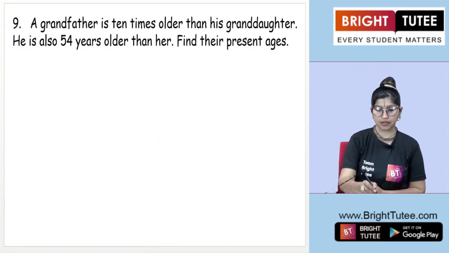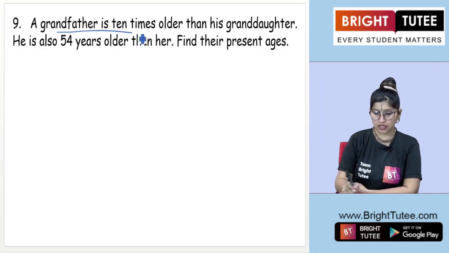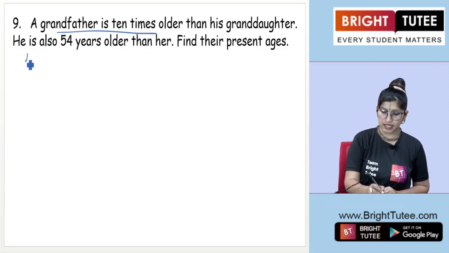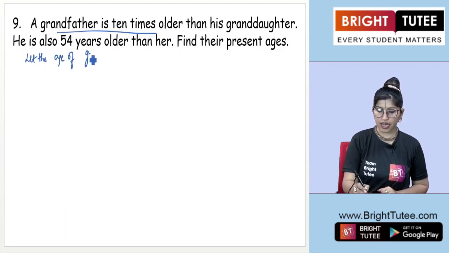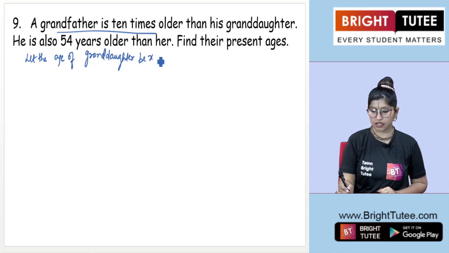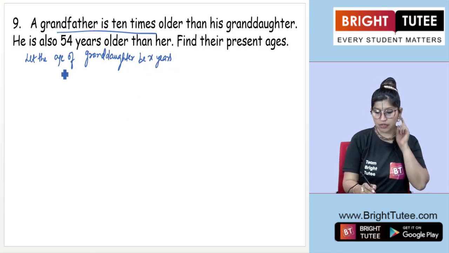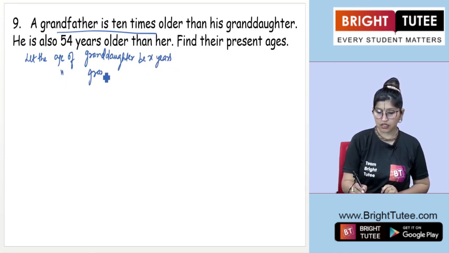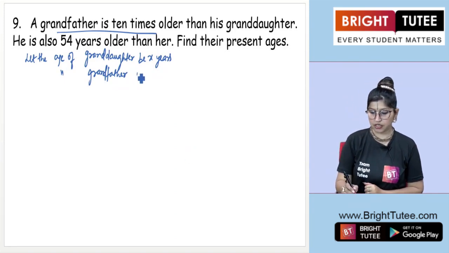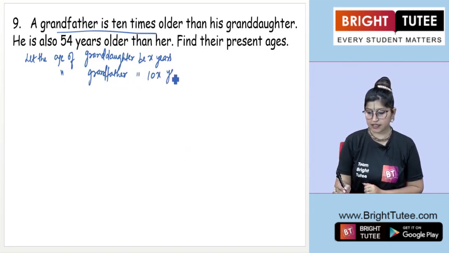Now it says that a grandfather is 10 times older than his granddaughter. So what do we do? Let the age of the granddaughter be x years, then what will be the age of the grandfather? That will be 10 times older than his granddaughter. It means that will be 10x years.